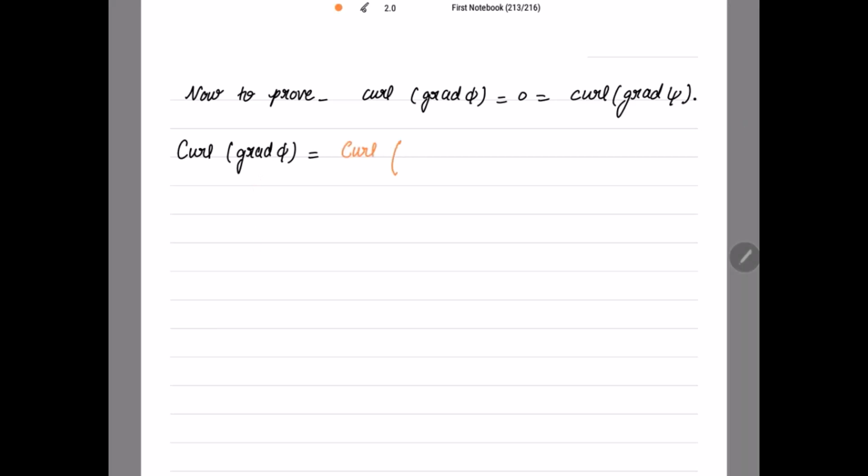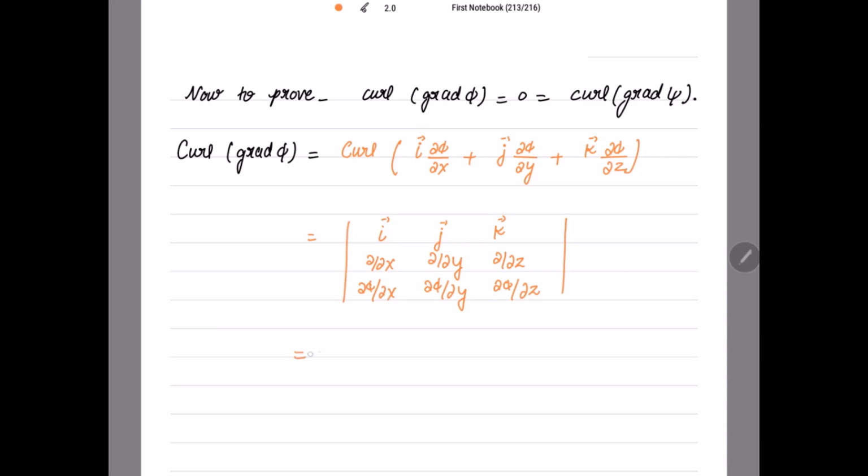So this is curl of grad phi. What is grad phi? We know that it is i curly phi by curly x plus j curly phi by curly y plus k curly phi by curly z. Now taking the curl of this, I need to write it as a determinant with components curly phi by curly x, curly phi by curly y, curly phi by curly z.